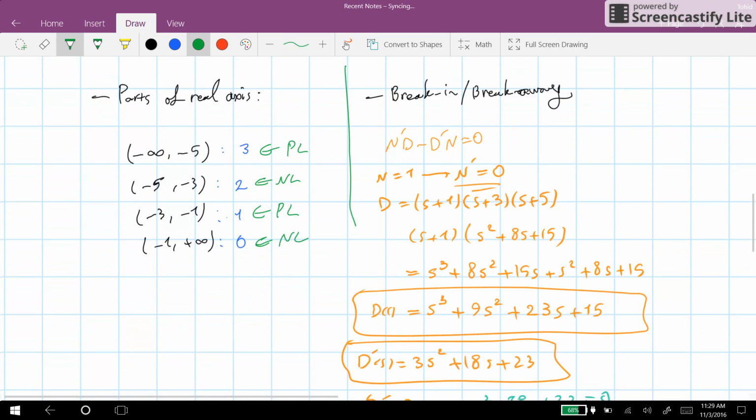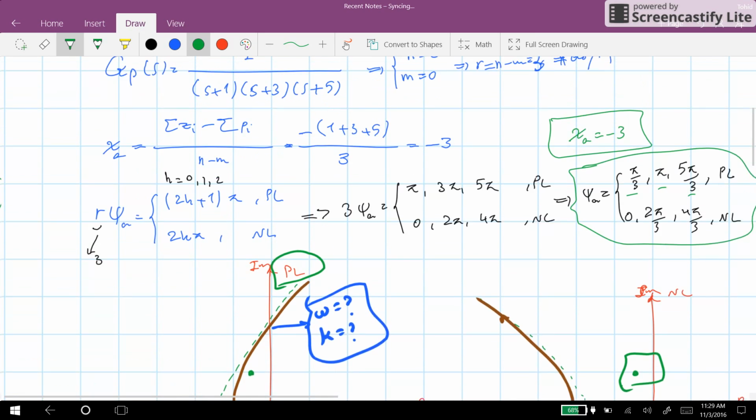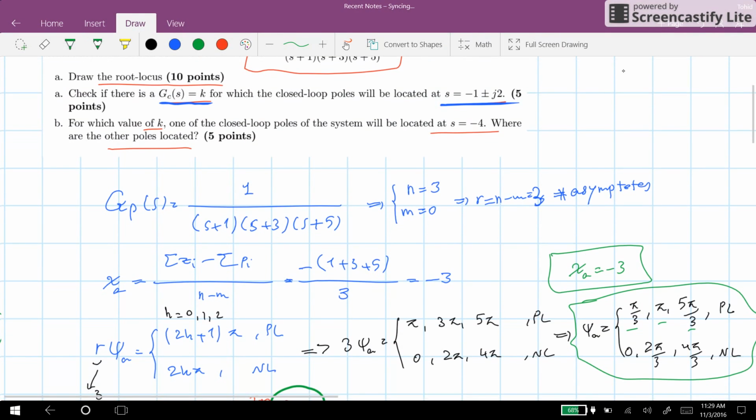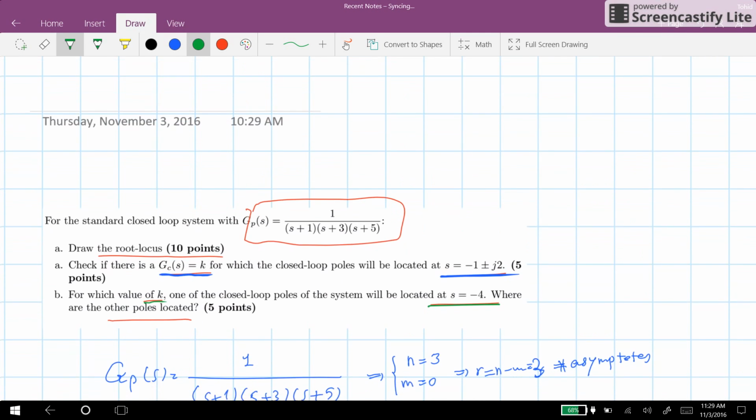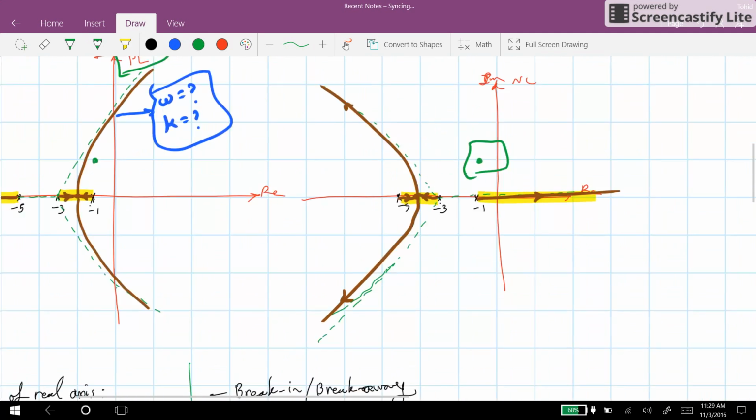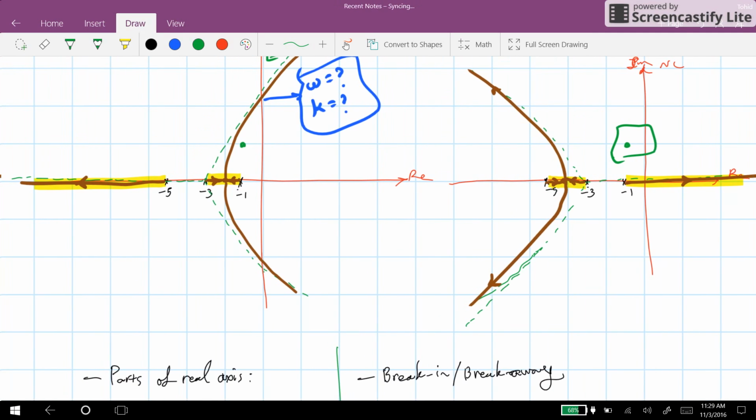Let's see what we have in the last point. We need to find the value of K for which one of the poles of the closed loop system is located at s equal to -4, and then determine the location of the other poles of the system. Looking at the root locus plot, we know that s equal to -4 belongs to the negative locus, because it's here, somewhere between -5 and -3, and we can see that it doesn't belong to the positive locus.